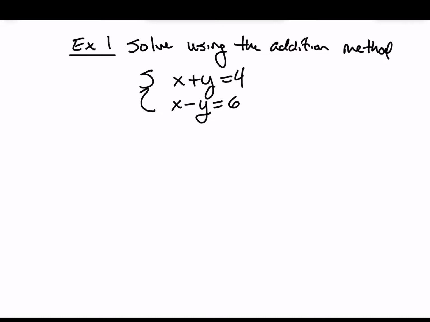Example 1. We want to solve the following system of equations using the addition method. Our first equation is x plus y equals 4 and x minus y equals 6. So what is the addition method? How can we make this work? Well, what we want to do is add the equations together.